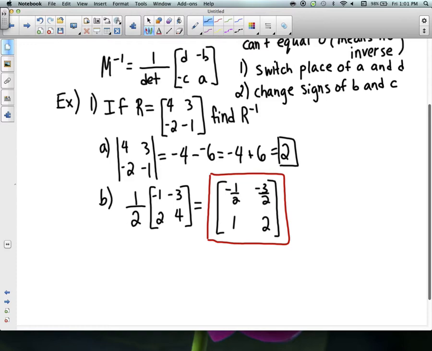So we can check this by multiplying the two together. The order actually does not matter for this since they are square matrices, and it should come out to 1, 0, 0, 1 anyway.